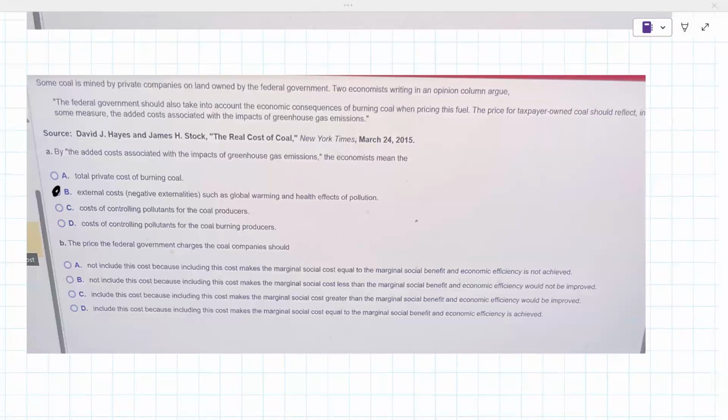And then the next one is whether the government should include the costs, I believe, but I don't know why. Marginal cost, probably because it's greater than. We'll check here.